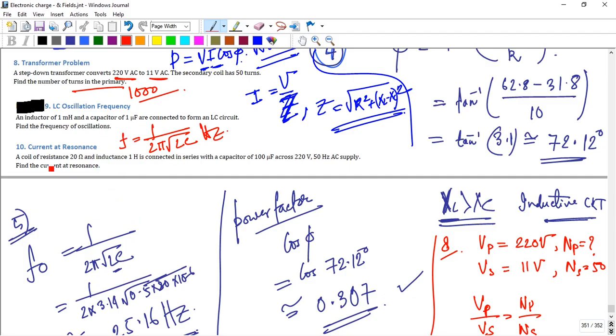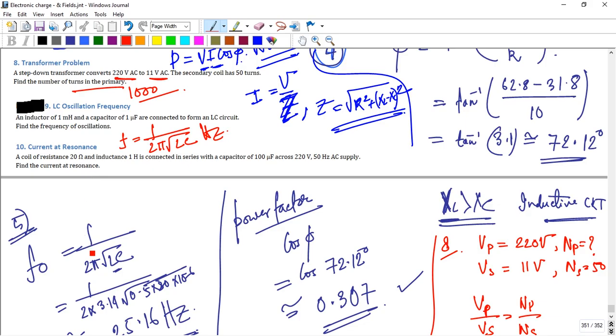Okay, so number 10, current at resonance. A coil of resistance 20 ohm, inductance of 1 henry is connected in series with a capacitor of 100 microfarad, and across a 220 volt 50 hertz AC supply. Find the current at resonance.